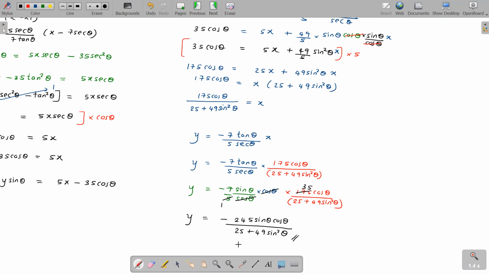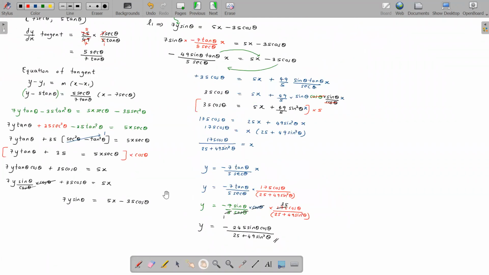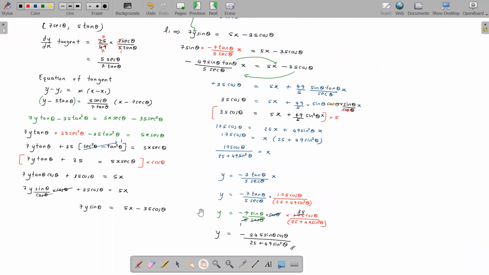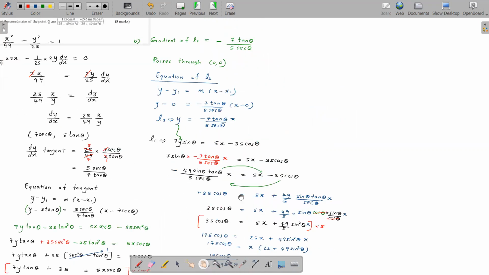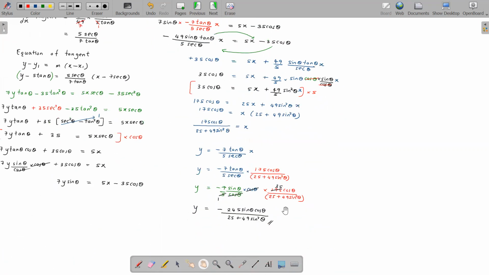This is the intersecting point. I think this is the show that, right? They wanted us to get the place where the two lines L1 and L2 meet, so x comma y. Yes, minus 245 sine cos over 25 plus 49 sine squared. So can you see? It's done. Right, so then we'll move to the next part now.